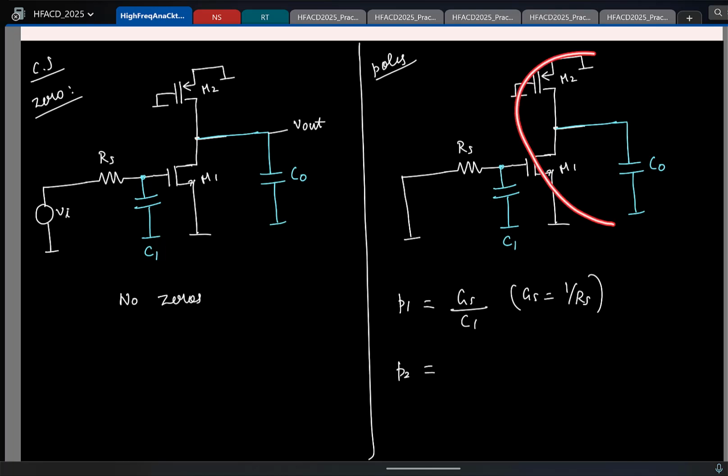Second pole is due to the RC section at the output. The capacitance at the output is C0. What is the resistance looking into C0? R01 parallel with R02. I'll write in terms of conductance. So this will become GDS1 plus GDS2, where R0 is the effective output resistance.